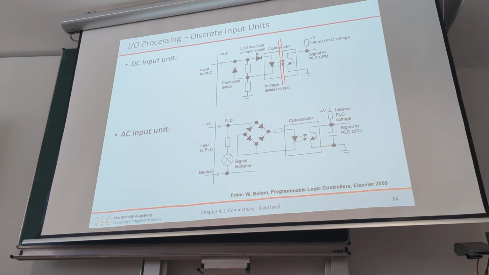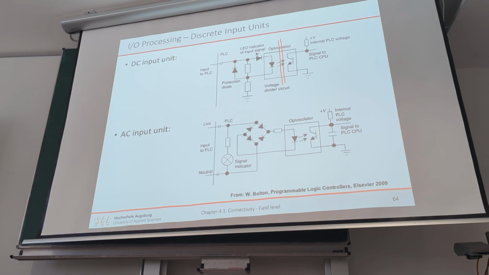What we are kind of missing is that the DC input unit usually also has a low pass filter, because there's a maximum frequency that you could detect on the DC input, and usually you want to shape your signal and filter out frequencies too high to measure anymore. The same is true for the AC input.